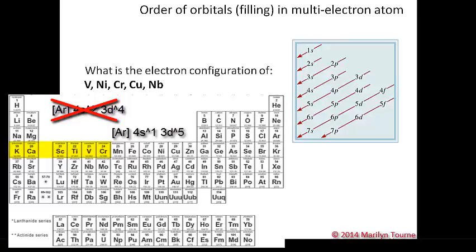And the reason is because it's less energy to have a half-filled 3d subshell than it would be to have only 4 electrons in the 3d subshell. So there's a slightly greater stability associated with half-filled d subshells.